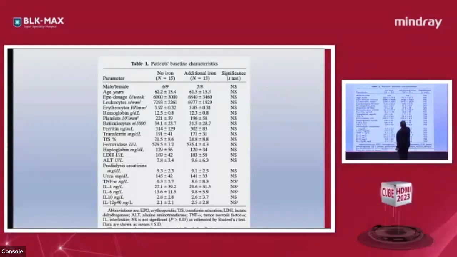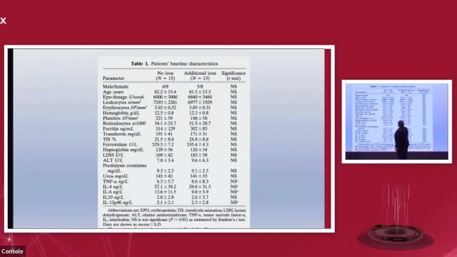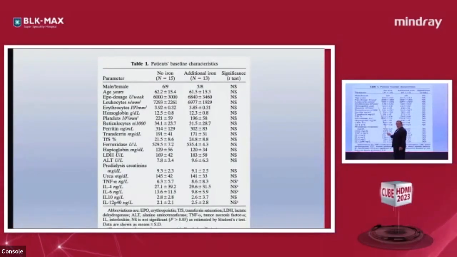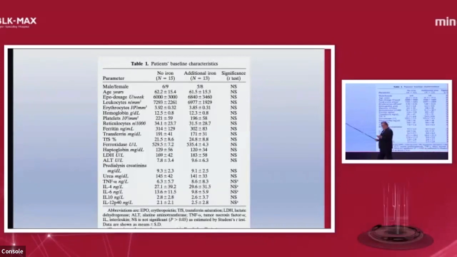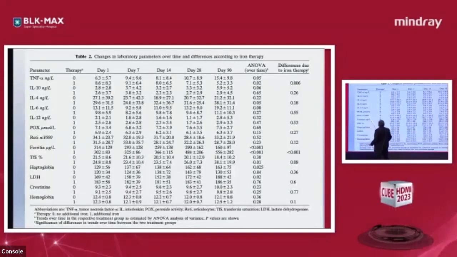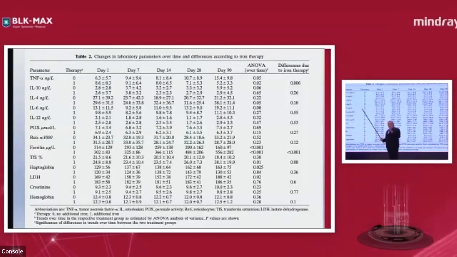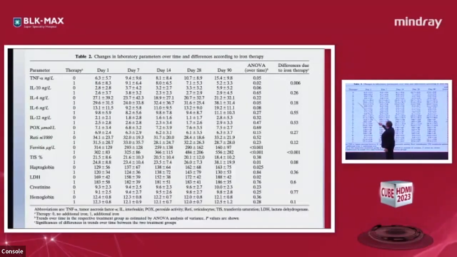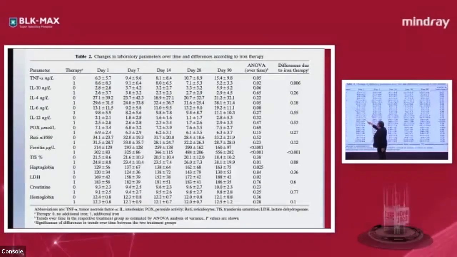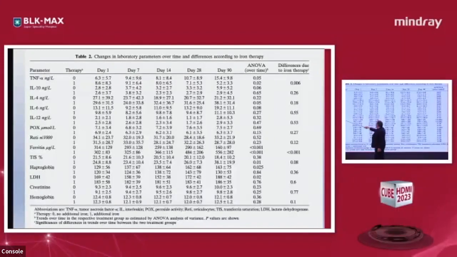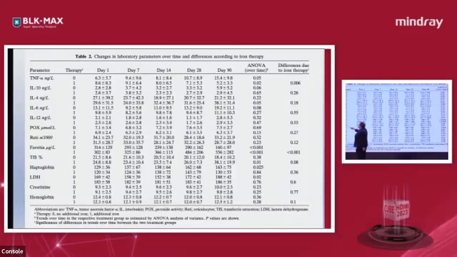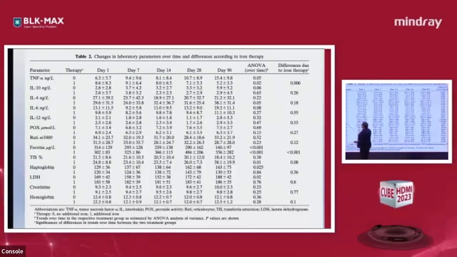Both have similar age, both have similar ferritin, 300. Both were very similar. And look what's happening. He was investigating how the iron affects all the interleukins and how it was affecting the iron.